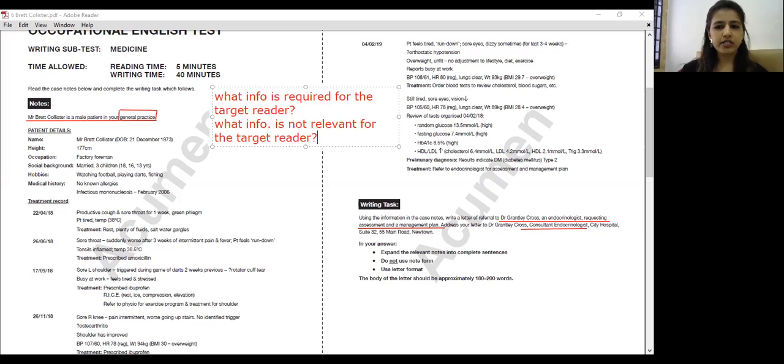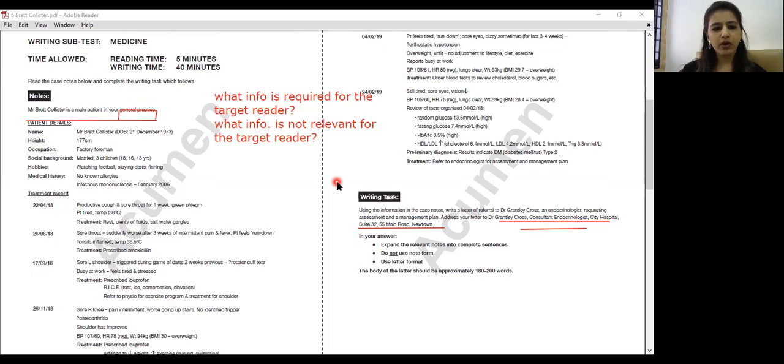So with these two questions in mind, now I want all of you to read through these case notes and get a general idea of what information you are going to include or exclude in your letter.